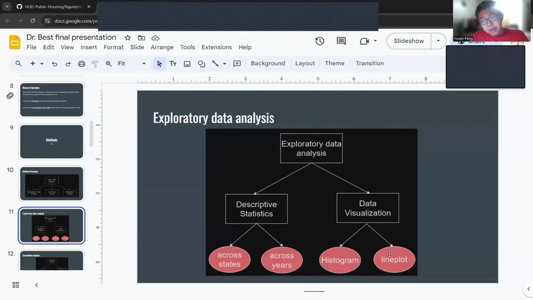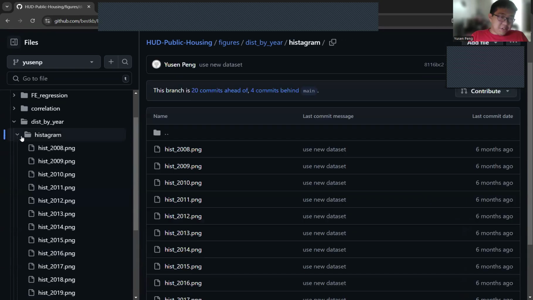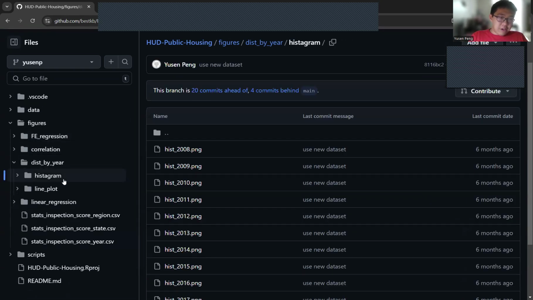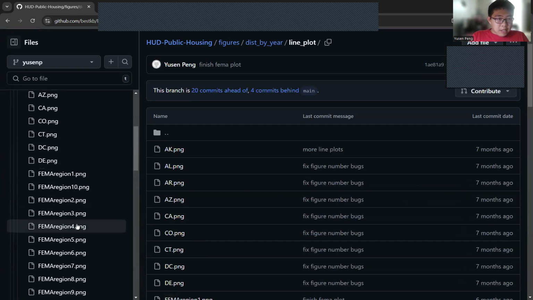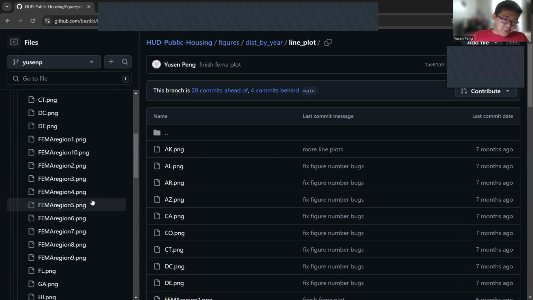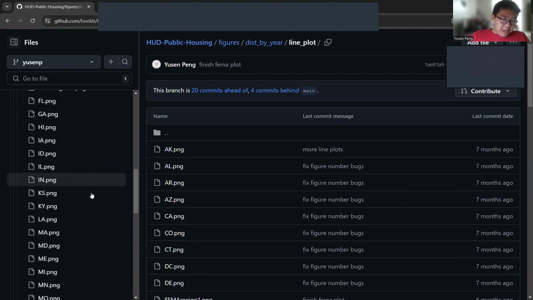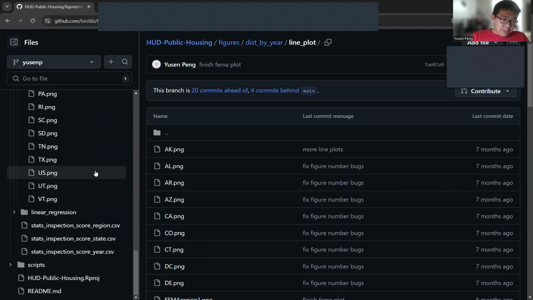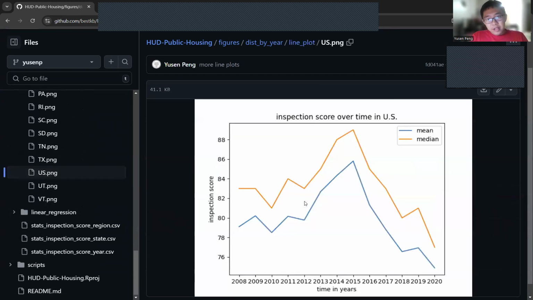And the other part is the line plot. There is another folder under figures called line plots. There are a lot of pictures over there, but let's pick the US one. These line plots are focusing on the other dimension of panel data. Remember, we have panel data.